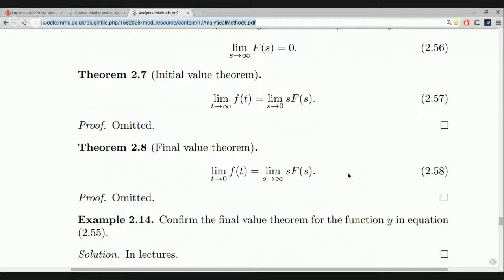This will be the limit as s goes to infinity of 3s squared over s squared plus 4, plus 2s over s plus 1, plus 2s over s.